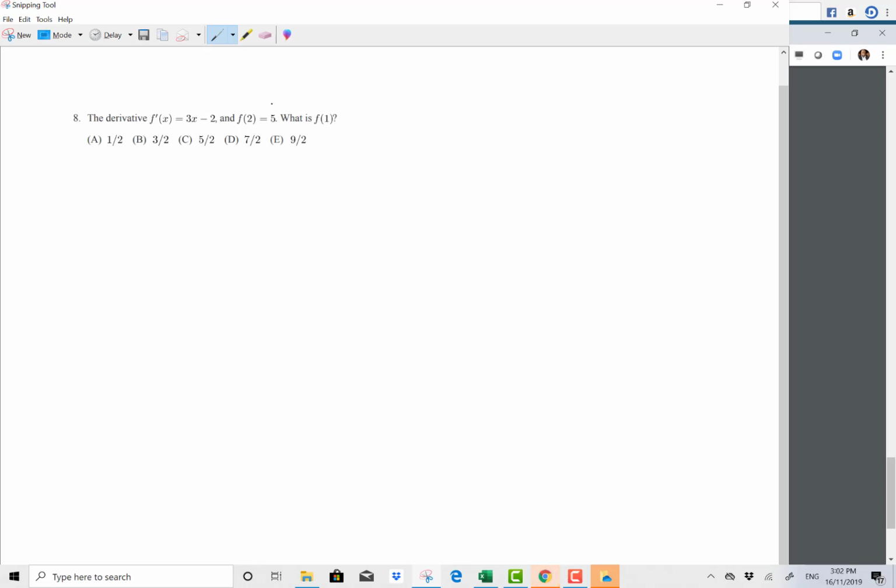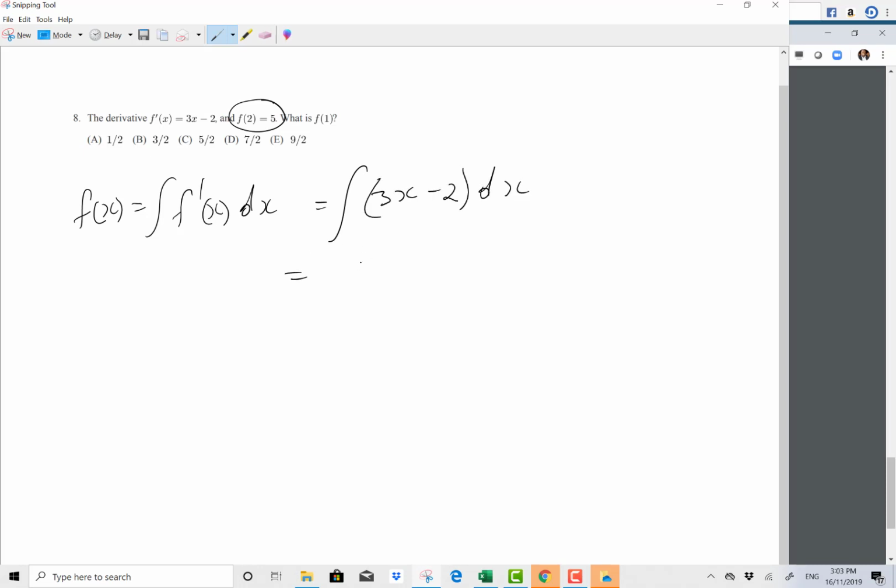All right, so we know f of 2 is equal to that, and we need to find f of 1. Firstly, we need to figure out what f of x is. Again, f of x is going to be the integral of f prime of x dx. That's the integral of 3x minus 2 dx. To integrate that, I get 3x squared divided by 2 minus 2x plus c.